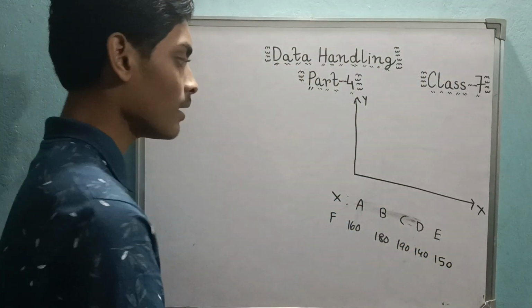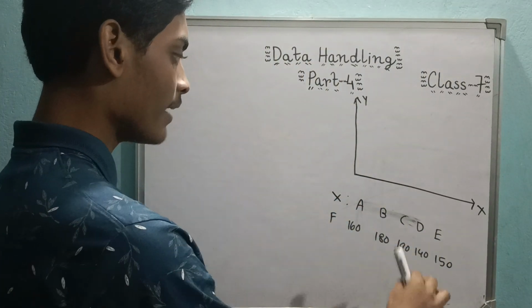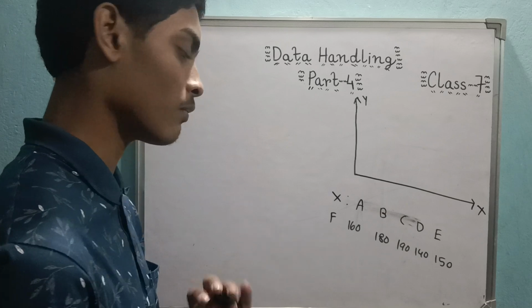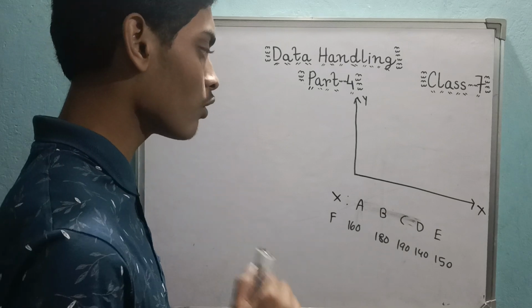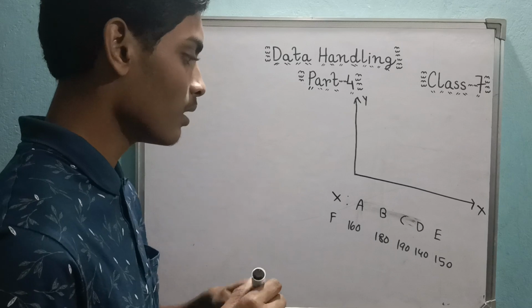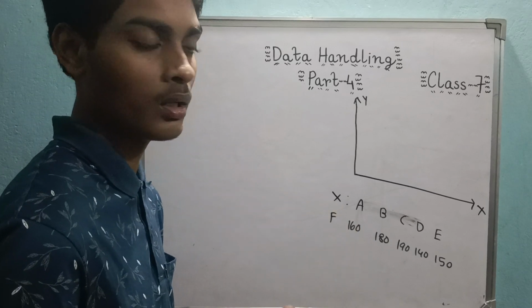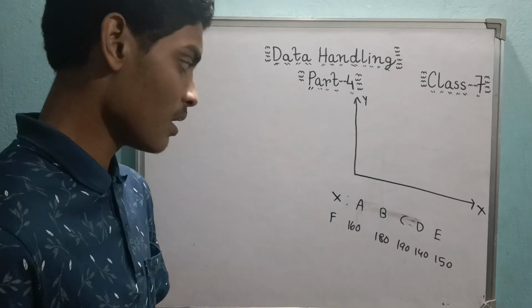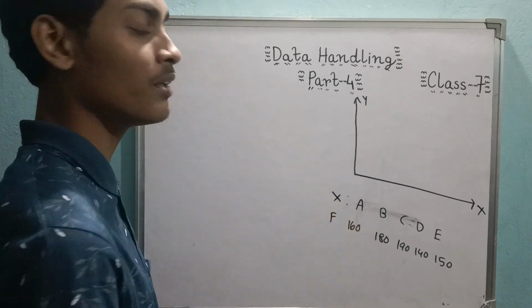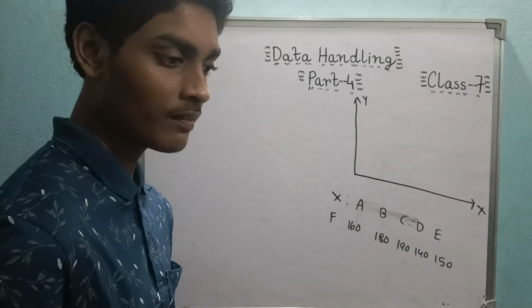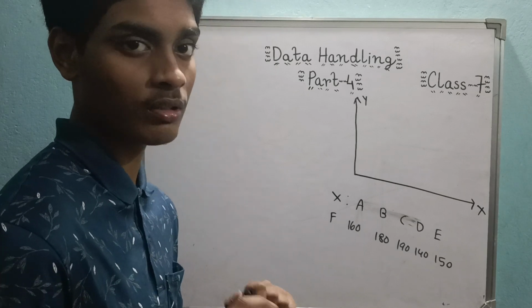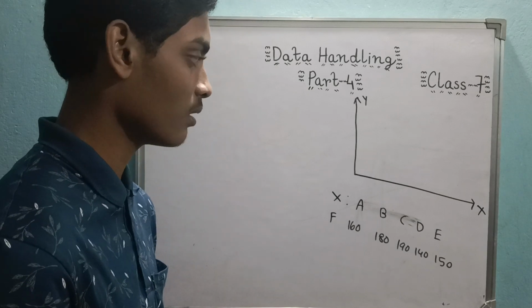Frequency can also be defined as how much is a data value. So here 160 is the height of the data value A. The quantity of the data value is actually the frequency, to be precise.